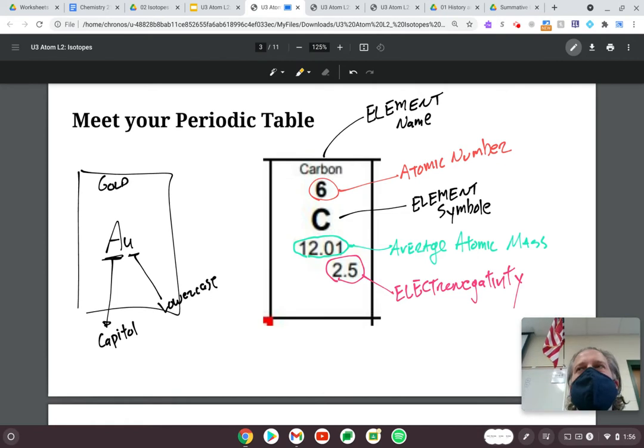When you have an element with a two-letter symbol, the first one is always going to be a capital letter, and the second one is always going to be a lowercase letter. And when you have a symbol with just one letter, the only one is going to be capital. So make sure that you're doing that correctly.